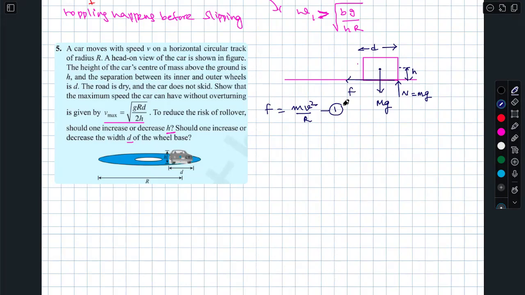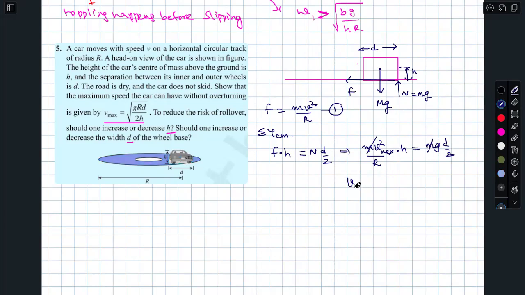Now, let us take the net torque about the center of mass. If I take the net torque about the center of mass, F into h is equal to the normal reaction times d by 2, which implies m v maximum square by r into h is mg d by 2. m cancels.